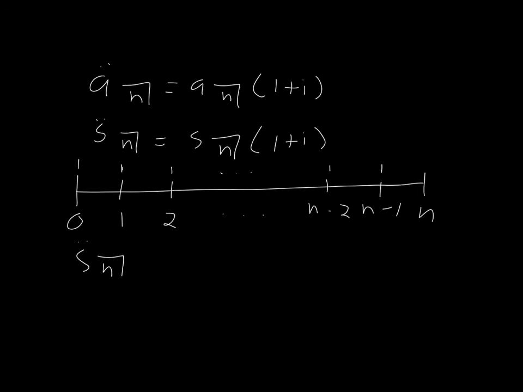Well, one significant difference here is that if we look at s double dot angle n, that's the value at this point, at time n. We don't have a payment there. With s angle n, we would have a payment there.